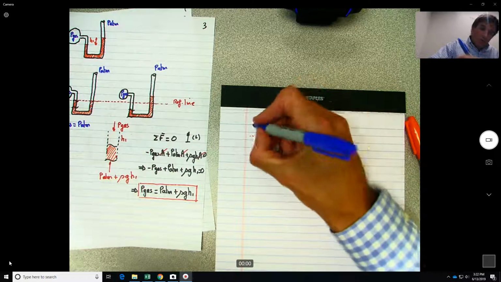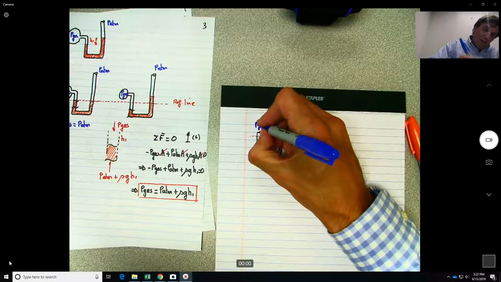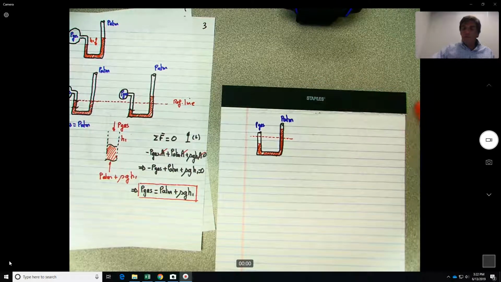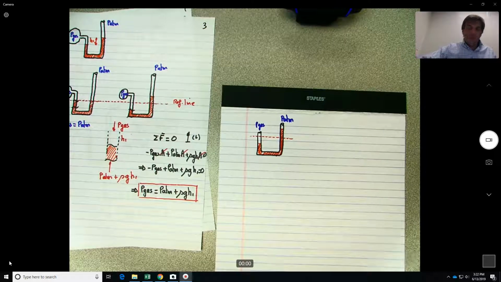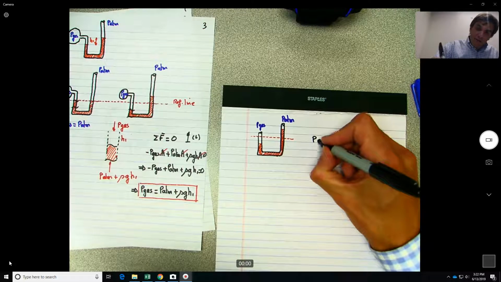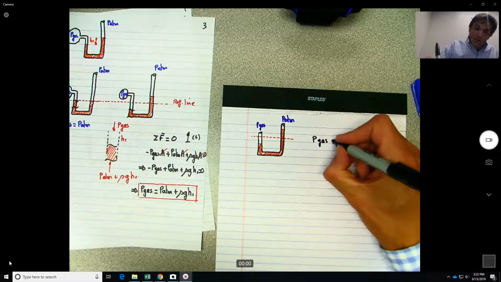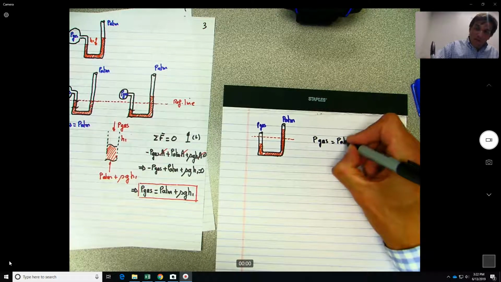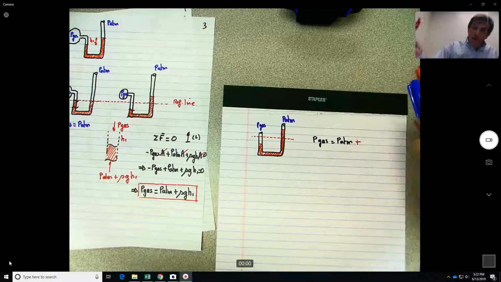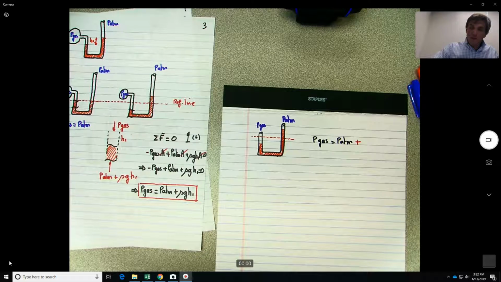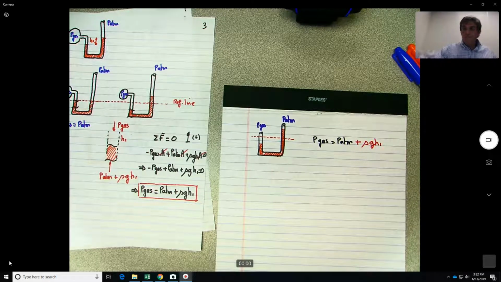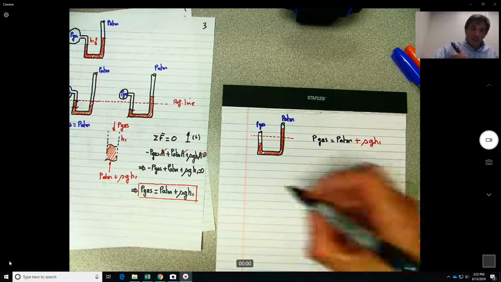So let's say this will be P gas, P atmosphere. So in this case, we derived the equation P gas equal P atmospheric plus rho g H1.